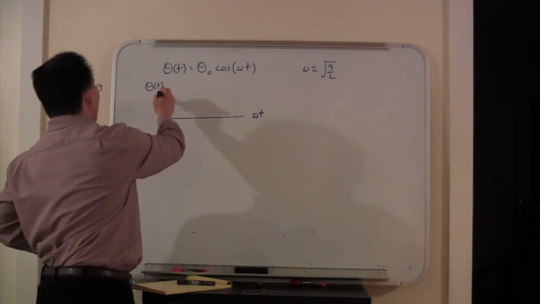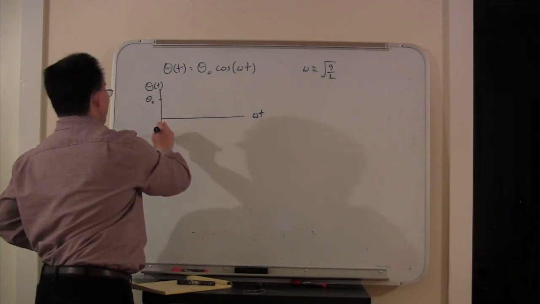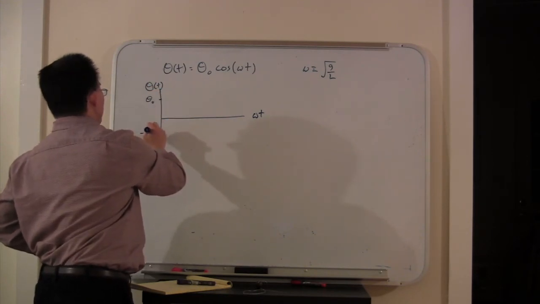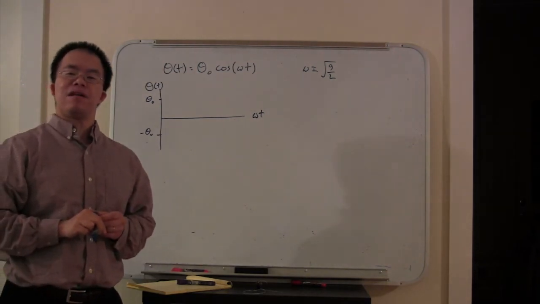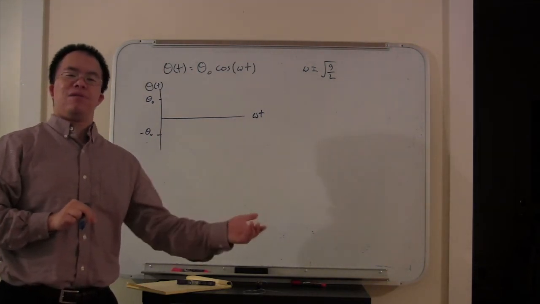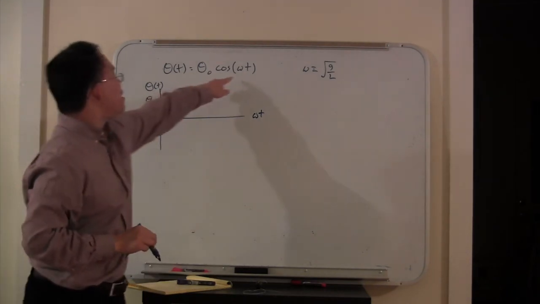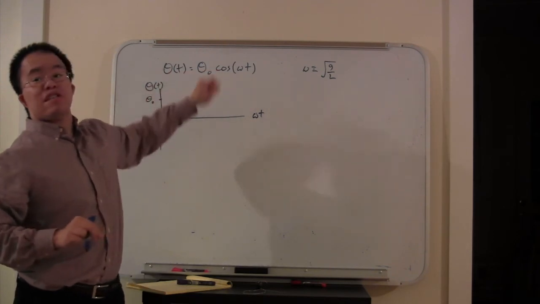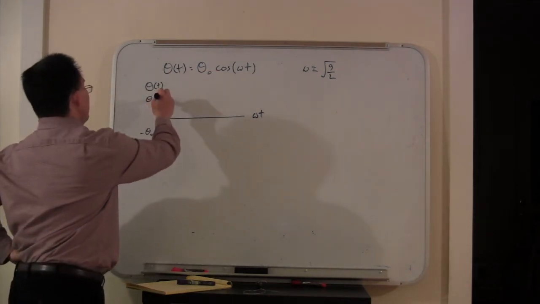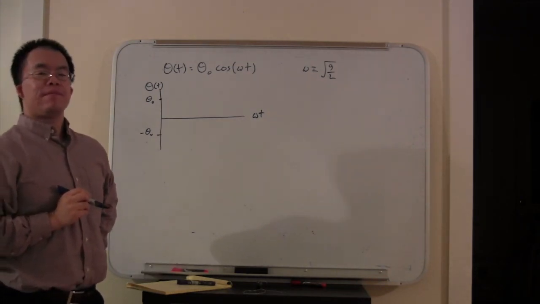And then let me just label theta naught over here and minus theta naught. Well, what does cosine look like, right? So at 0, cosine equals 1. So at omega t equals 0, theta of t should just equal theta naught. So we have that point starting over there.